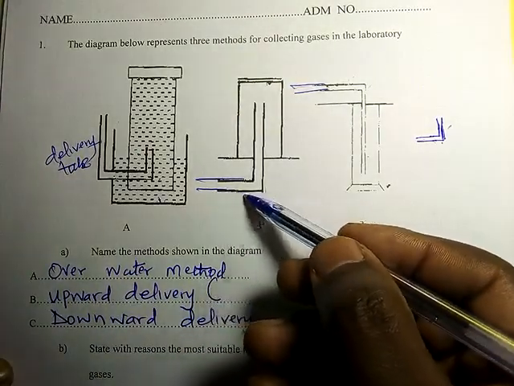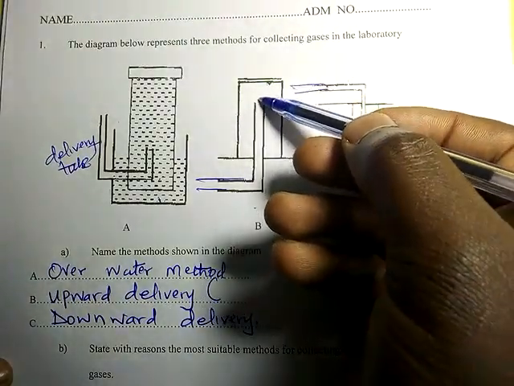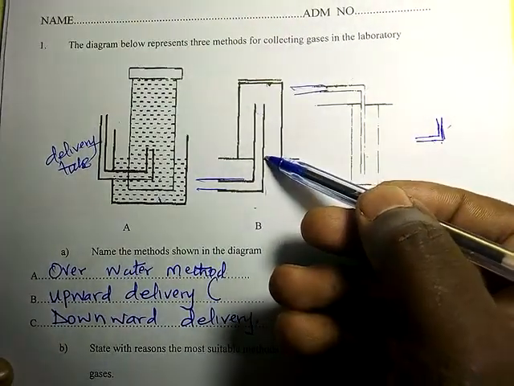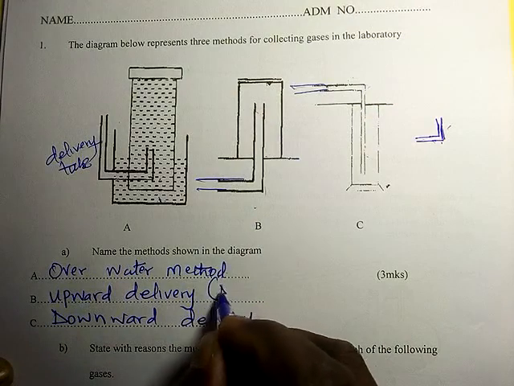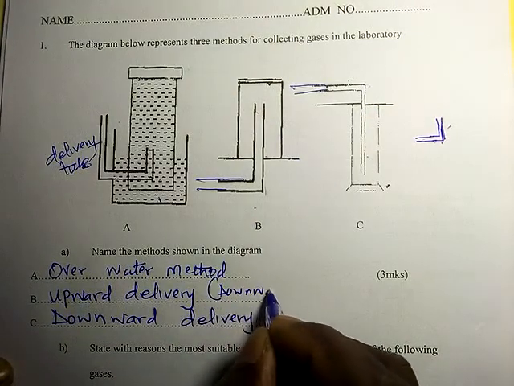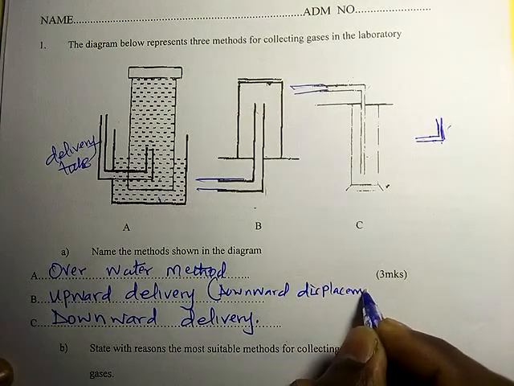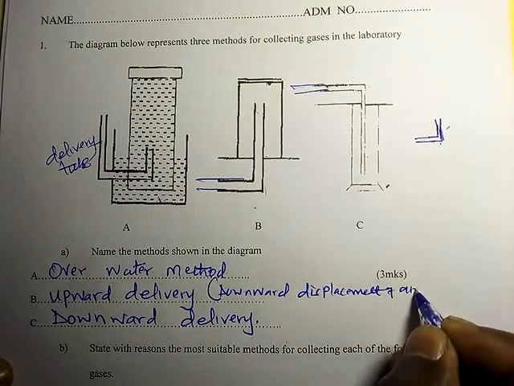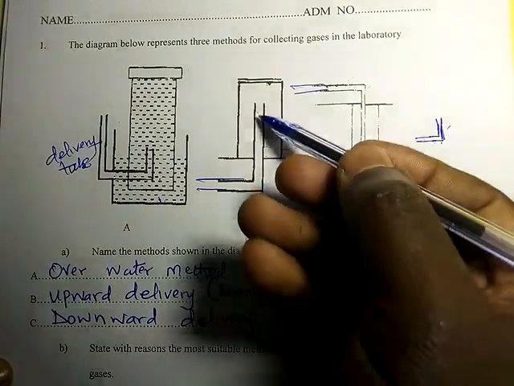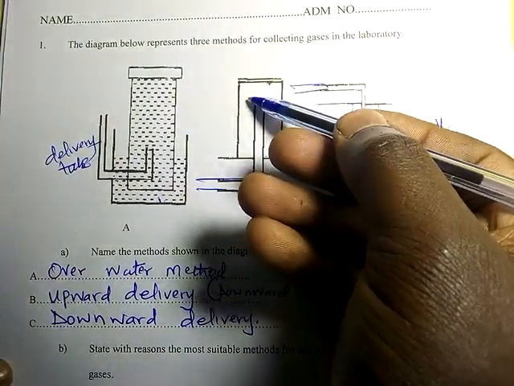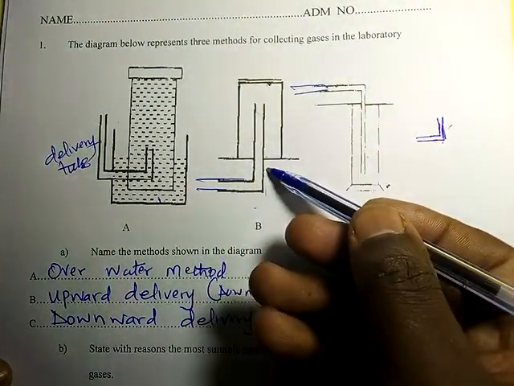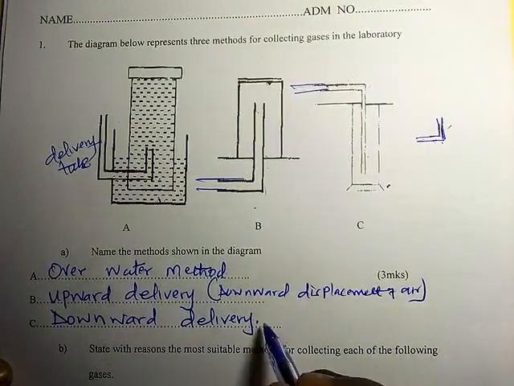So when the gas is collected by this, the air that was inside here is displaced downwards. So this one is also called downward displacement of air, because the air that was inside there is displaced downwards.